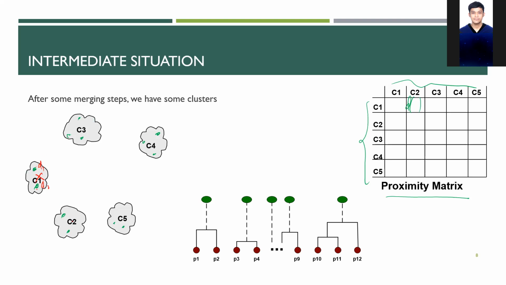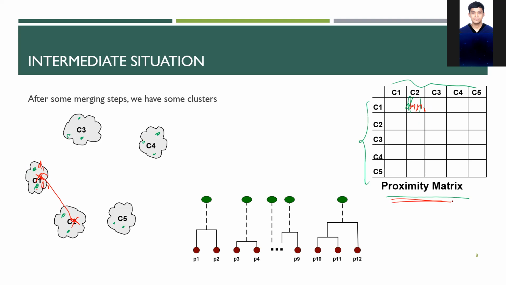And for C2, this is the centroid, so we calculate the distance between centroid 1 and centroid 2. This will be the result in this proximity matrix, so this is M1, M2, the distance between centroid 1 and centroid 2. Remember, centroid is only one of several ways to represent the proximity matrix.